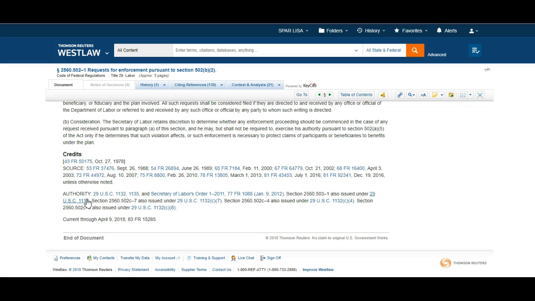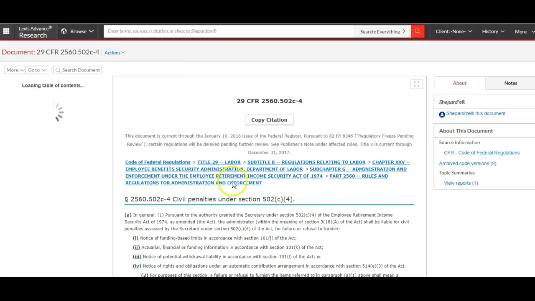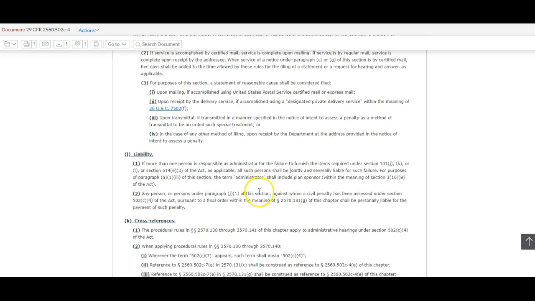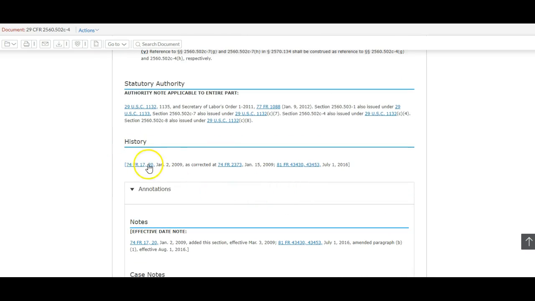But again, that statutory authority is very important, and you will see that here on Westlaw in the credits. And Lexis, let's just go back to a section here. Lexis calls the source the history, and again, it gives us the authority.